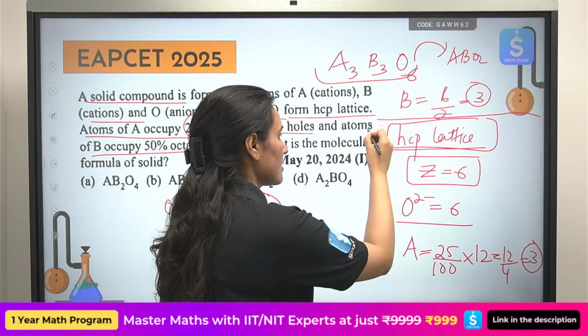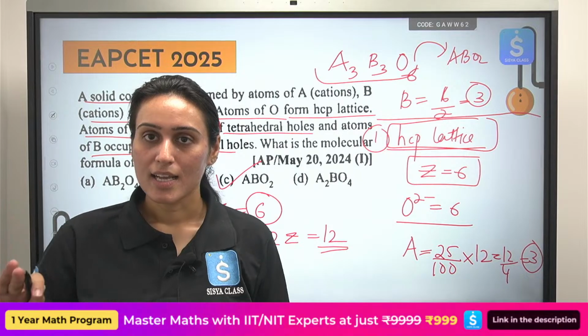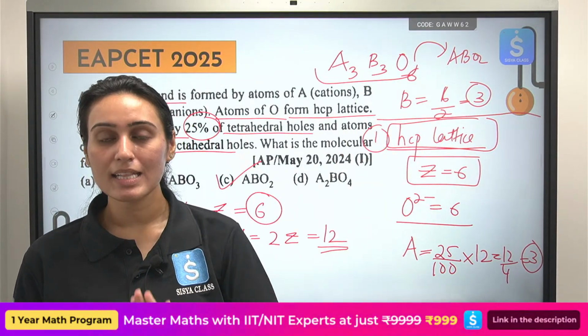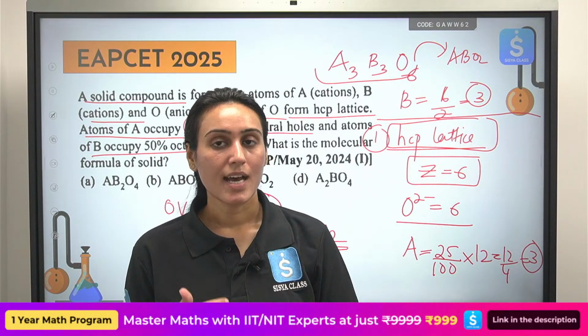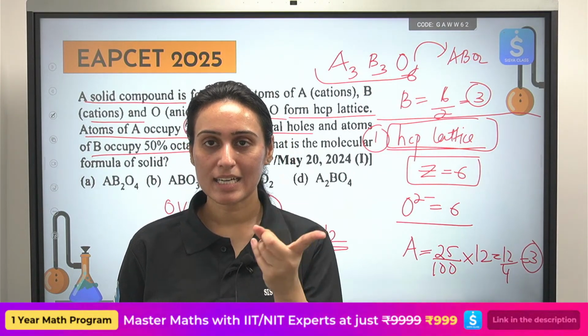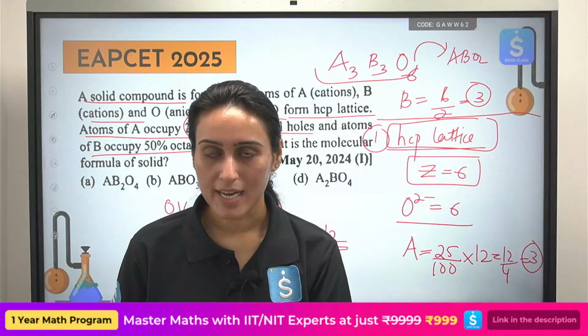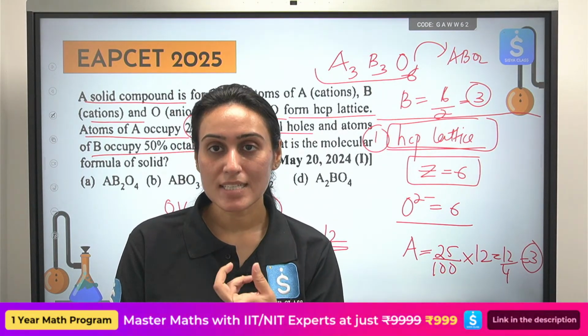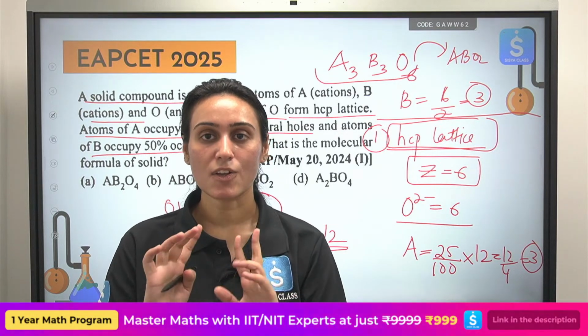I will write the sequence. Done. Now based on Z, you will identify how many octahedral and tetrahedral voids are present. How can we do that? I have told you one formula: tetrahedral voids are twice of octahedral voids, and octahedral voids are equal to Z for FCC and HCP unit cell.